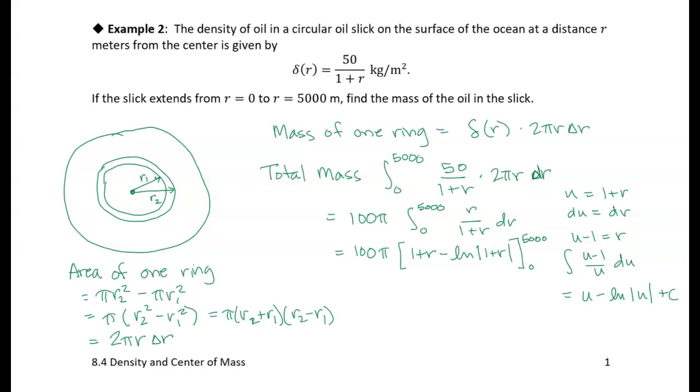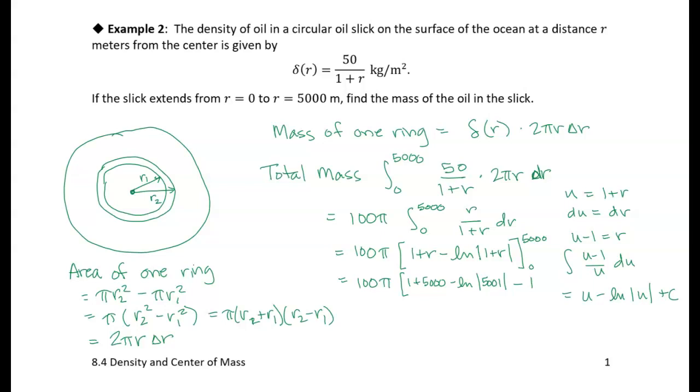All right, so what do I get when I do that? 100 pi. I'm going to plug in 5,000, so I get 1 plus 5,000 minus the natural log of 5,001, because 1 plus 5,000 is 5,001. And then I'm going to have minus the value at 0. When I plug in 0, I still have the 1, and the natural log of 1 plus 0 is 0.